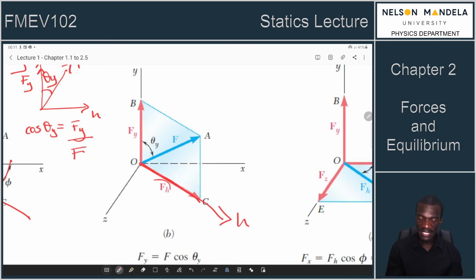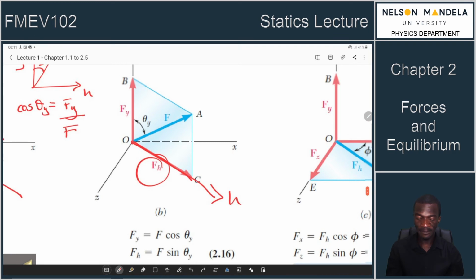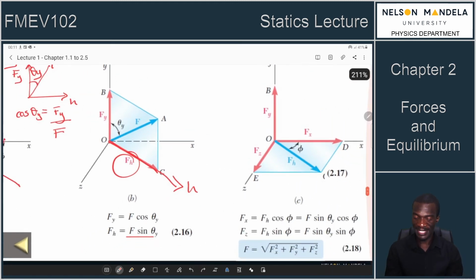That is where this force in the H component lies. So this equation 2.16 is defining the component F in the H, which is basically F sine theta y. Remember, we are using this view. Because of that, you can then relate this force to the three dimensions in the following way.